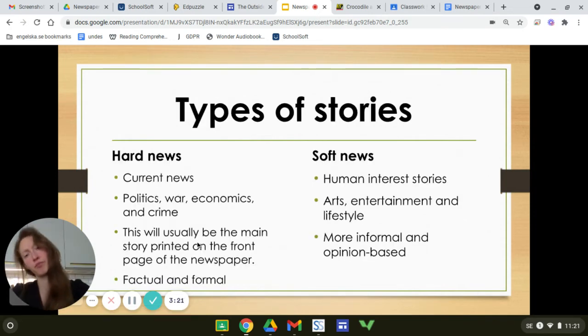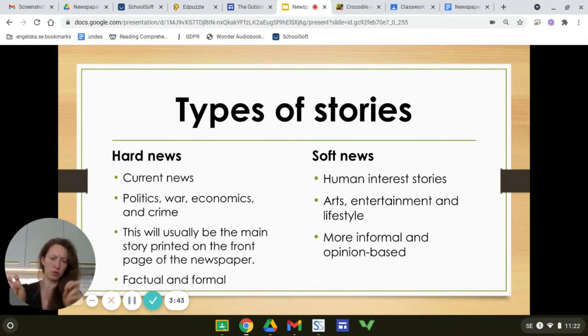Types of stories. There would be hard news. So that quote unquote hard news would be like very current, up-to-date happenings in politics, also about war, economics, crime. This would often be the front page story. It's factual, it's formal, or like the tone is formal.